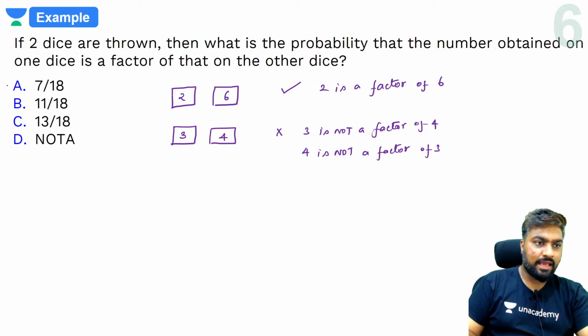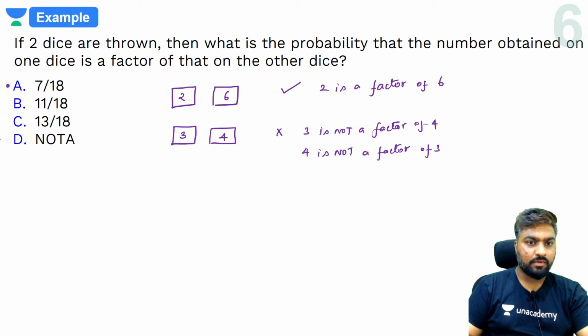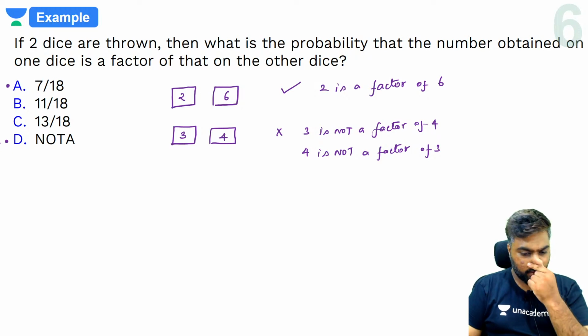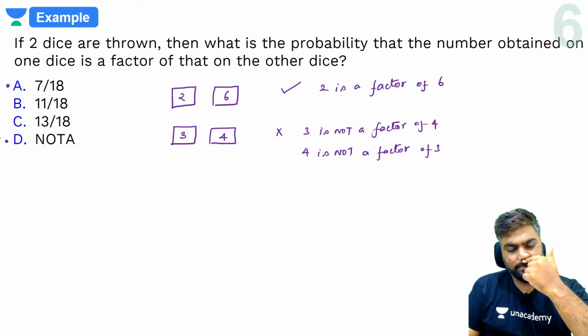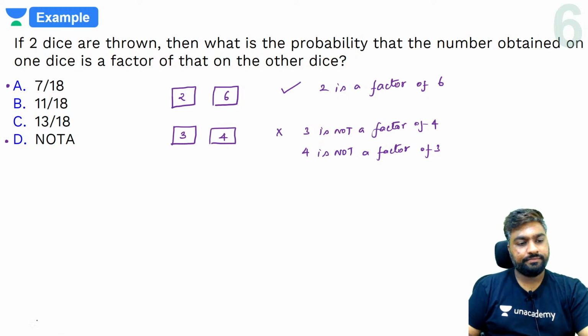Gaurav says A, okay. Prince says 1/3, which is none of the above, okay.